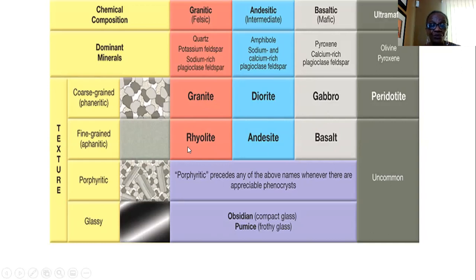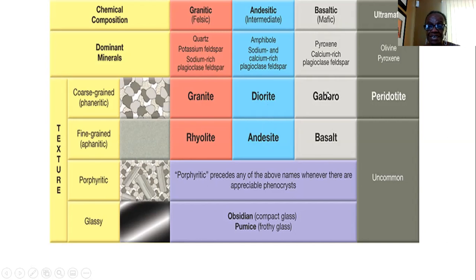What's alike about rhyolite, andesite, and basalt? Same thing, texture. But even though granite and rhyolite have the same composition, they have a different texture. Their textures are different because of their cooling rates. Same thing for diorite and andesite, gabbro and basalt.